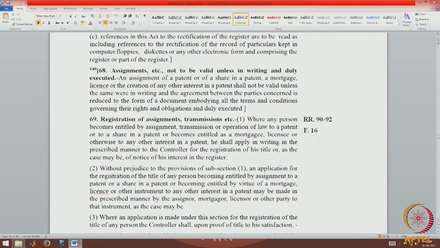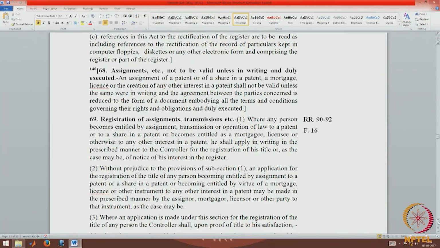So, section 67 tells us about there being a register of patents, a public record where the records and details of every granted patent, the names and addresses of the patent holders, the assignments, the transmissions, the licenses, the revocations, the amendments, a record of everything that happens to a patent is kept.